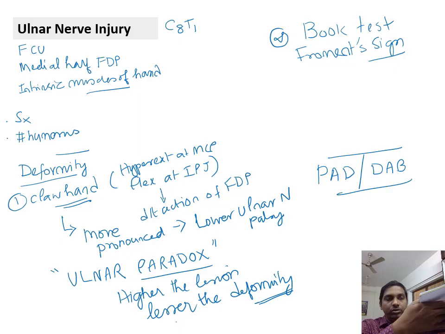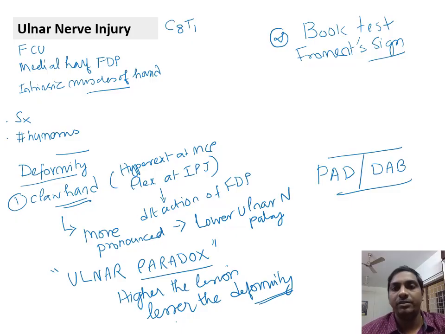Upon pulling the book, you cannot hold it if adductor pollicis is not functioning. In such a case, you will hold the book by flexing the thumb like this. This flexion is brought by flexor pollicis longus, supplied by the median nerve, right?